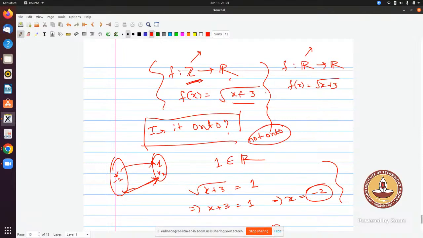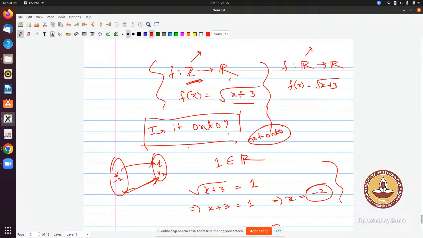See, what we have to do: we are checking for onto, right? So we have to take an element from the codomain and try to find some element in the domain. That is what we are doing. We cannot start from taking an element from the domain. That will not give us anything.